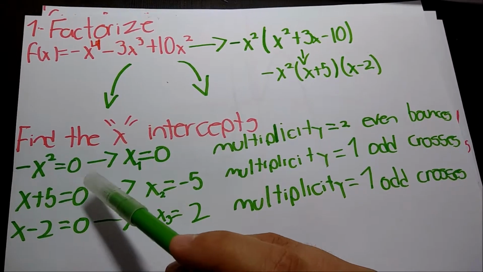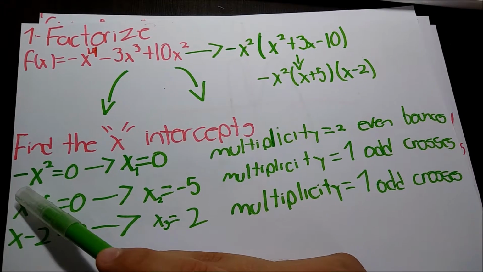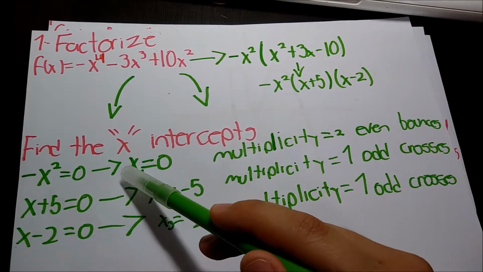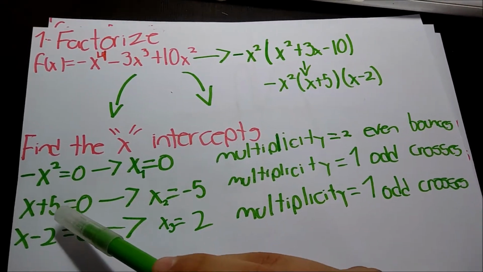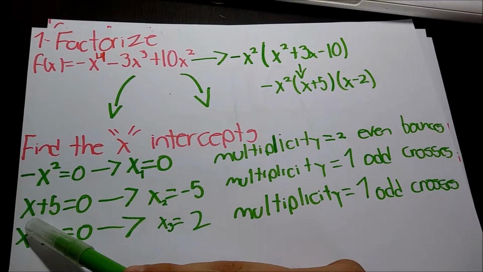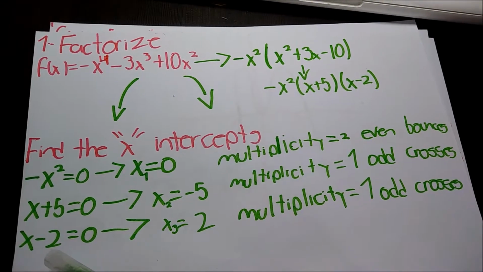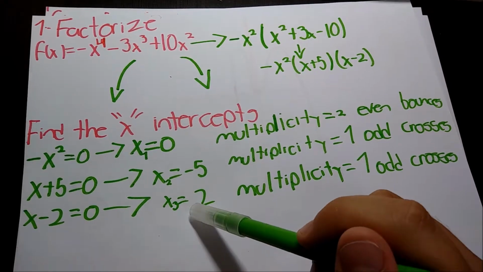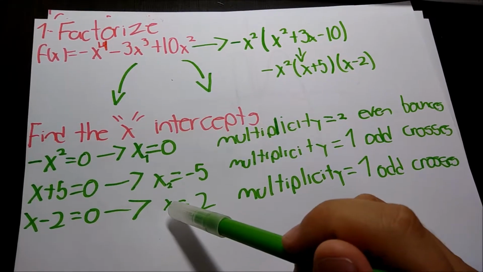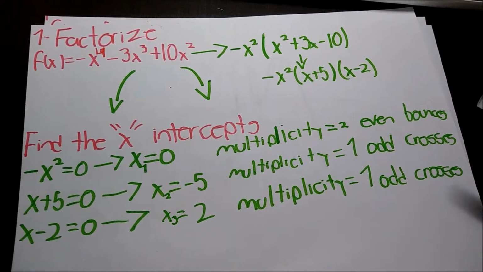So first we must find the x-intercepts. Minus x squared is equal to 0, thus the first x is equal to 0. Then x plus 5 is equal to 0, so x is equal to minus 5, and x minus 2 is equal to 0, thus the third x is equal to 2.